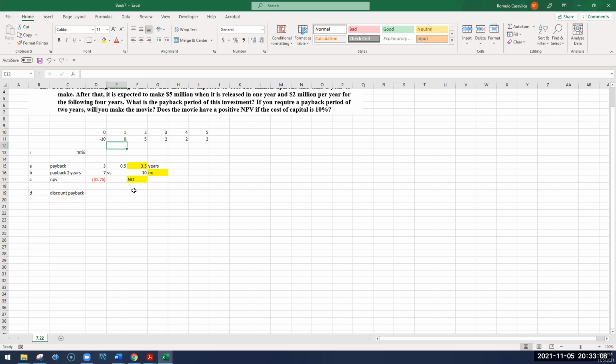So how you do the discount payback? First, I will discount my cash flows. I will take the cash flow divided by 1 plus the rate to the time. So these cash flows are discounted.